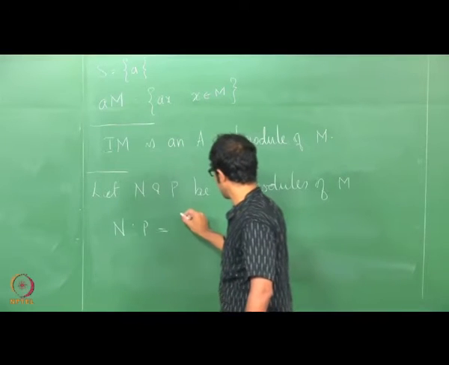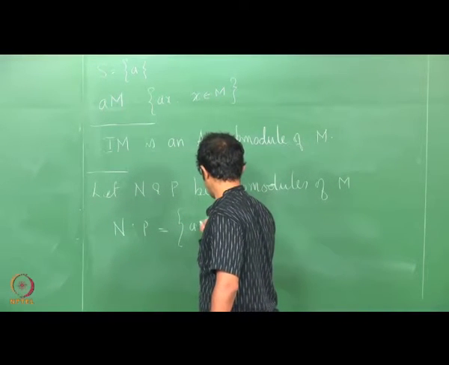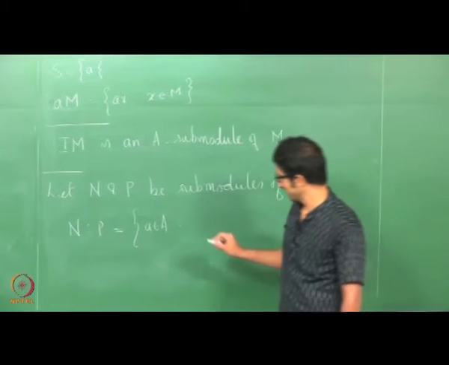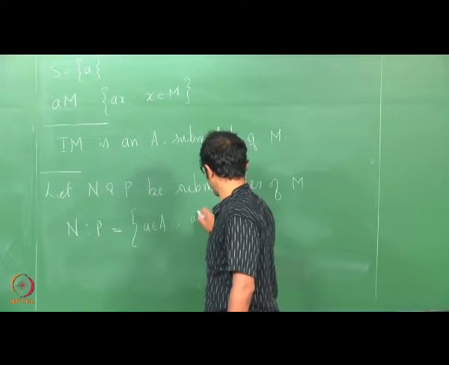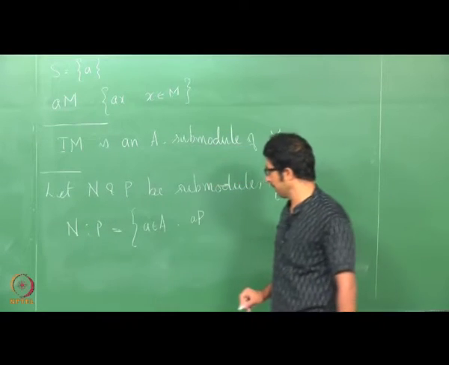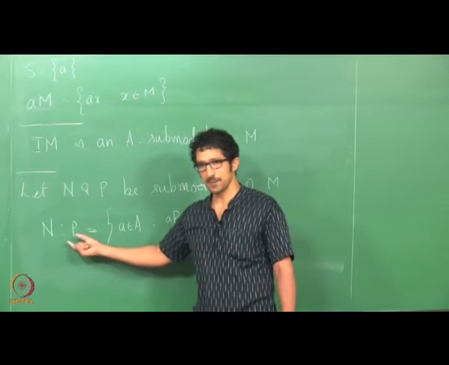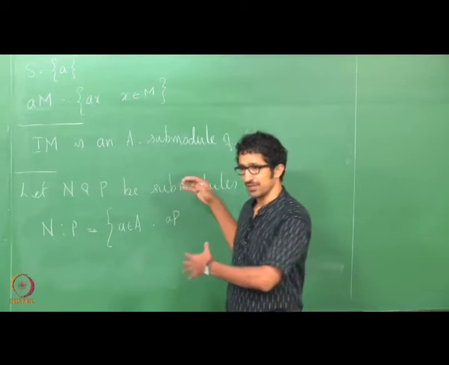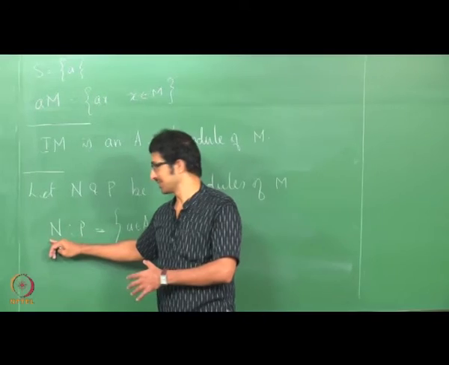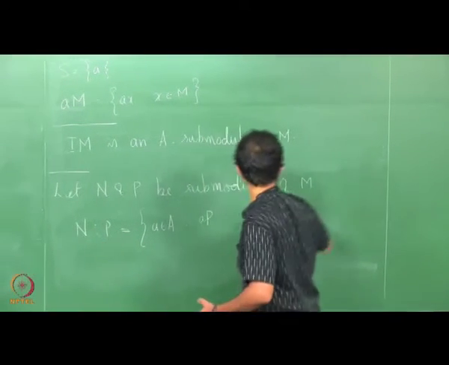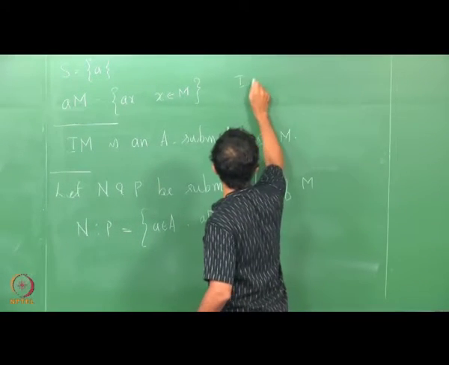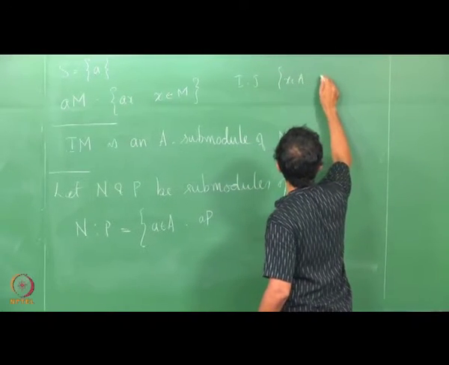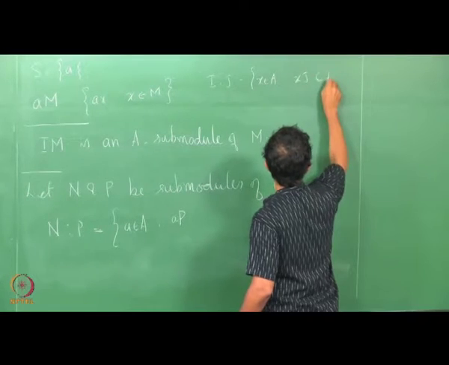If I look at an element a in A, see, aP would be a submodule of M, but then we want to look at all elements which will multiply it and take it inside. See, how did we define I colon J? This was the set of all x in A such that xJ is contained in I, right.